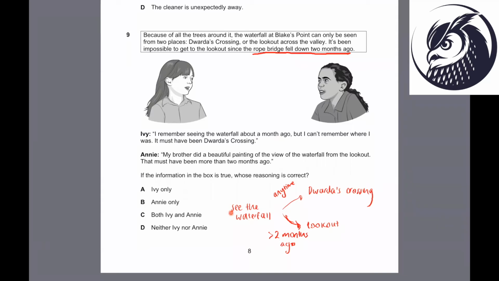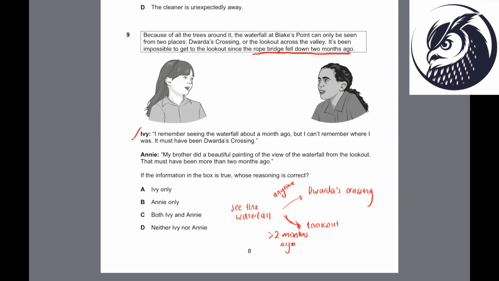So if she saw it about a month ago, the bridge would have already collapsed, since the bridge collapsed 2 months ago. So therefore, she couldn't have seen it from the lookout. She must have only been able to view the waterfall from Dwada's Crossing. And therefore, Ivy's statement is indeed correct. Her reasoning is correct.